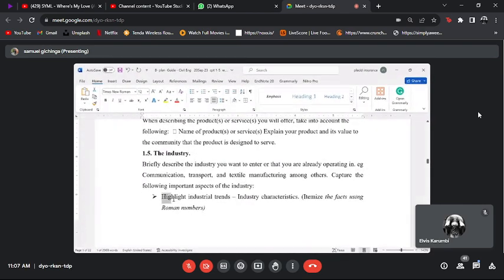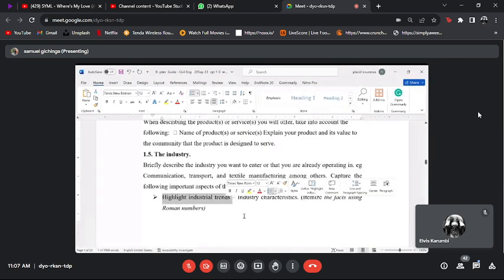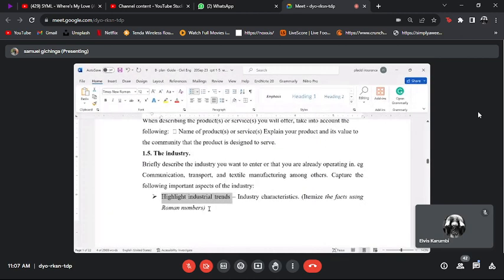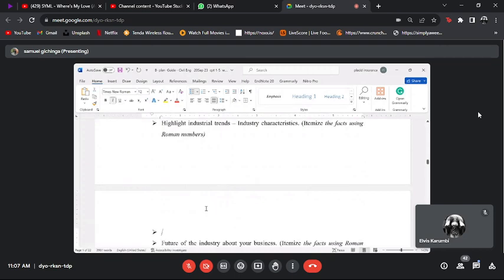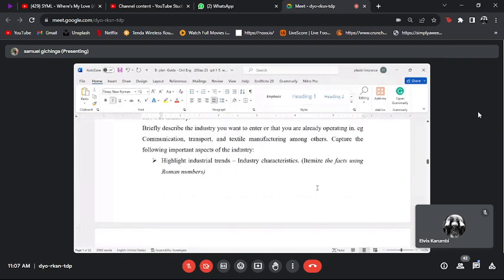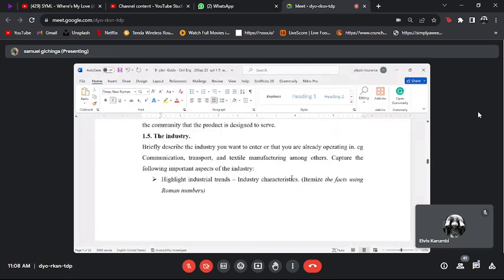But here you highlight industrial trends and, as I've said, in Roman 1 you itemize them. Don't do bullets. In Roman 1, you itemize that in this industry, what you call the construction industry, for the last 20 years, it has experienced sporadic changes. And these changes are brought about by the following facts.